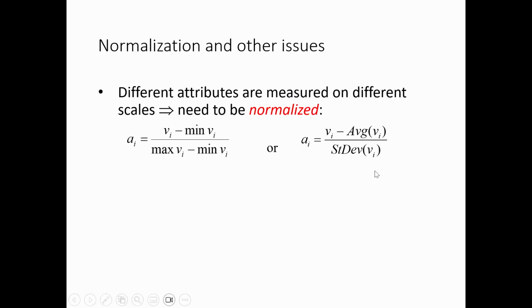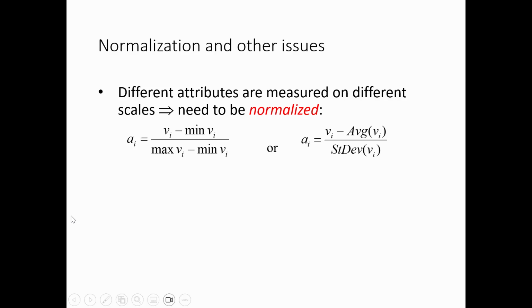Now, there are a few things we need to discuss under nearest neighbor. The first one is that when you're using attributes with nearest neighbor, you have to be very careful. Since you are getting the distances using Euclidean and Manhattan, if the attributes have different scales, that will create a problem.